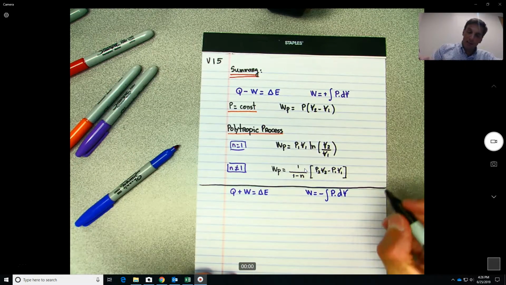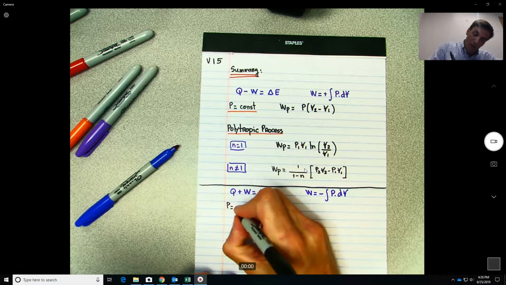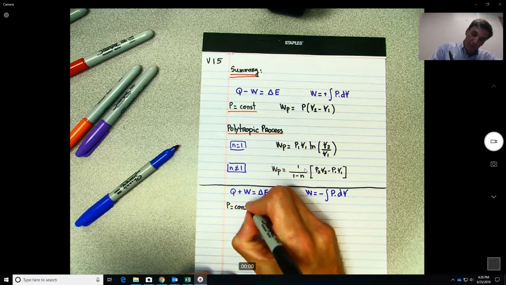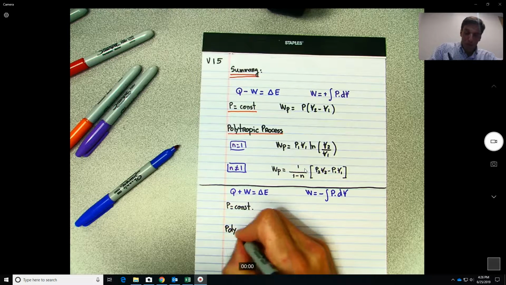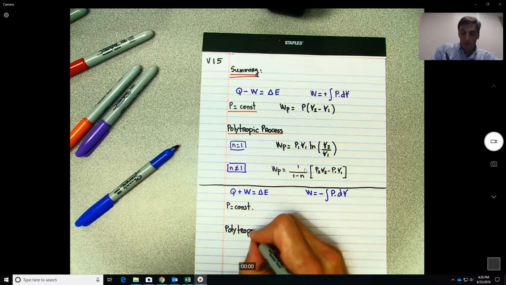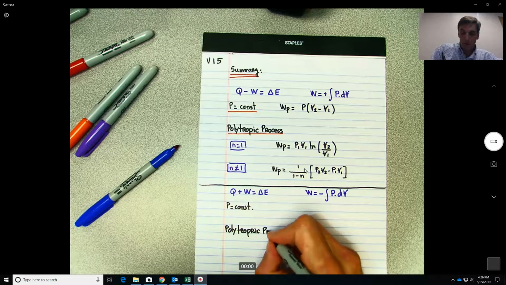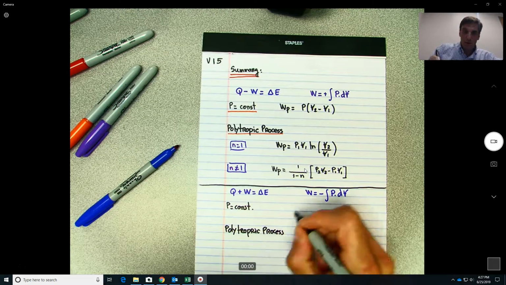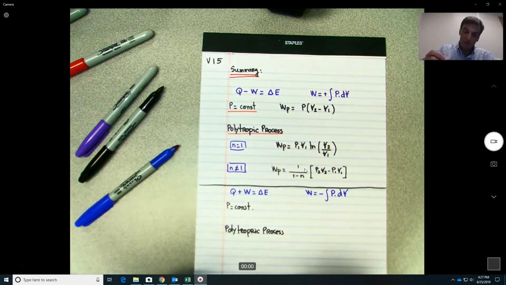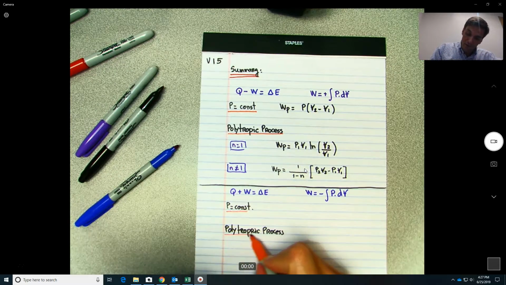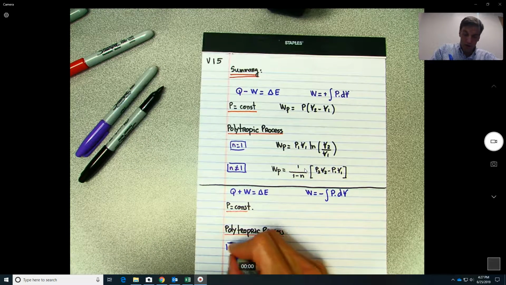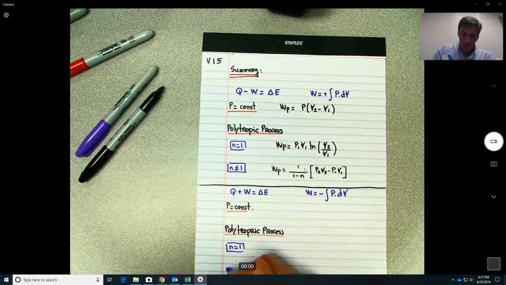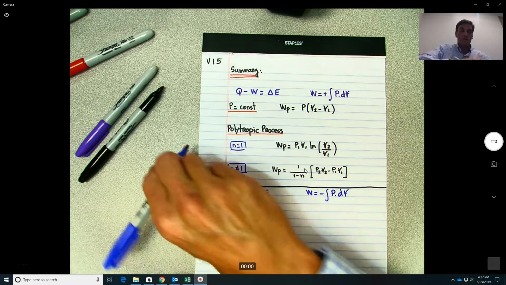And for the same three cases, we have for P constant, for polytropic process, n equal 1, n different than 1, different than 0, and positive integer.